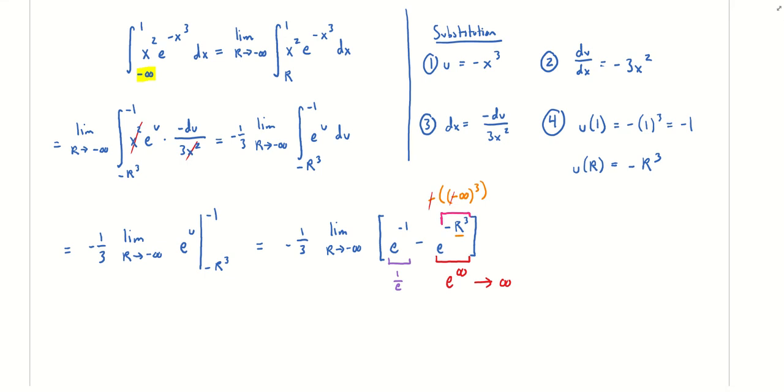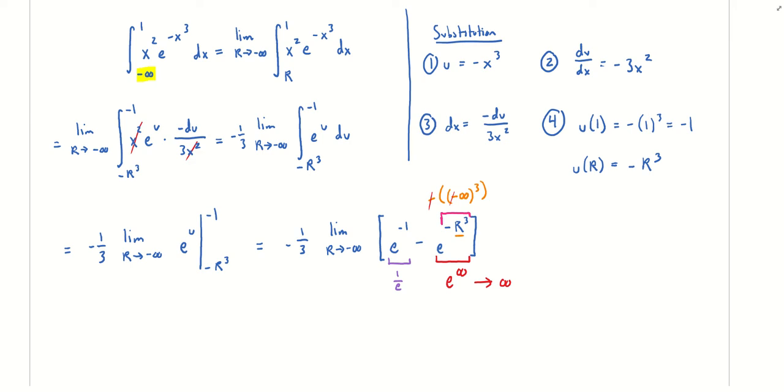So again, negative r cubed, what's r going to? r is going to negative infinity. So I've got negative infinity cubed, that's still negative infinity, but I'm negating that. So those negatives are going to cancel each other out. Infinity cubed is still infinity, so I can rewrite that whole ugly thing as just e to the infinity, which goes to infinity. So I have some finite value minus something that's going to infinity here.